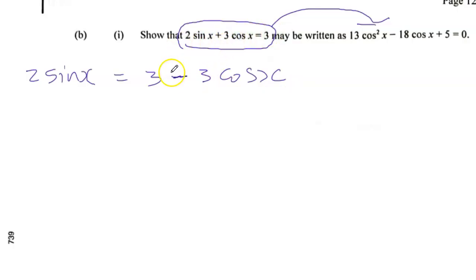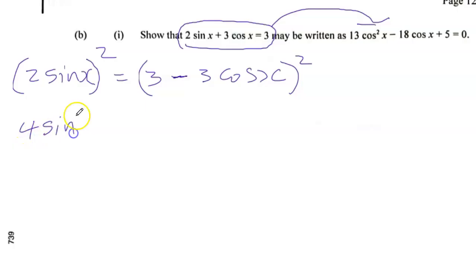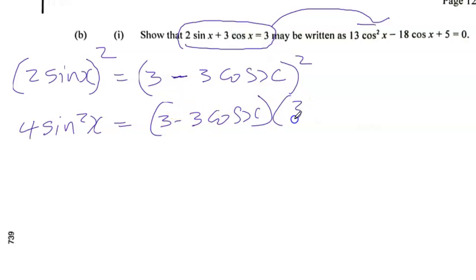And after that, now we can square both sides. So let's square both sides. If we square both sides, we have the left hand side squared, 4 sin²x, and the right hand side, squared means to multiply 3 minus 3 cos x times itself.